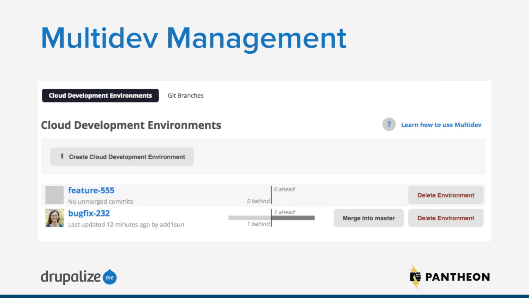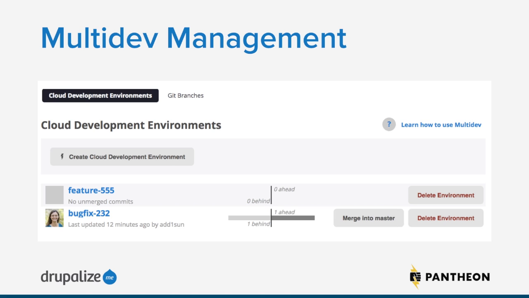Now, just to close things out, I wanted to give a little glimpse at the Multidev management, like what's going on. So we're creating these environments, these total websites over here, and there's Git code happening in the background. You get this dashboard here that gives you a nice overview of everything that's going on with Multidev. In this instance, I have a list of all of the different development environments that are currently going on with this particular site.